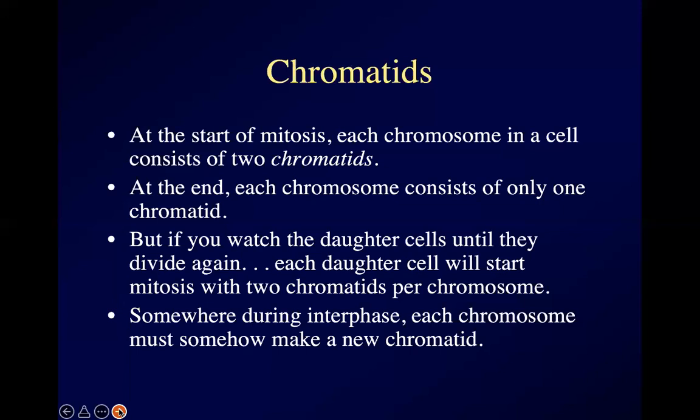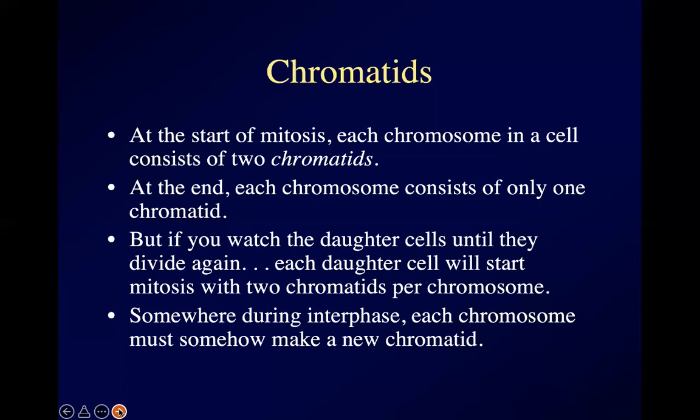So at the end of cell division, each chromosome consists of one chromatid, but you can watch mitosis happen if you're patient. It might take 30 minutes to an hour. With patience, you can watch it.